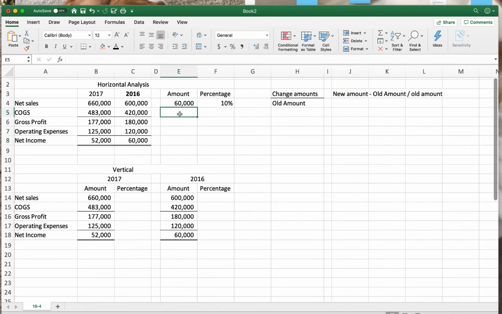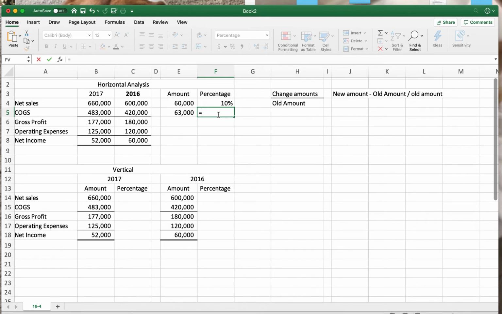So we're going to do the same thing for cost of goods sold. We're going to take the new amount minus the old amount, and we see that the cost of goods increased from 2016 to 2017 by $63,000. Again, we want to figure out what is that percentage change.